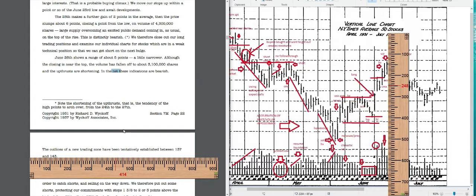This is one of the reasons indicators don't work, because one indicator looks at bullish factors and will give you a buy signal. Someone else's indicator will look at the bearish factors and give you a sell signal. Because they cannot compare all the bullish and all the bearish and weigh them, this is the problem.